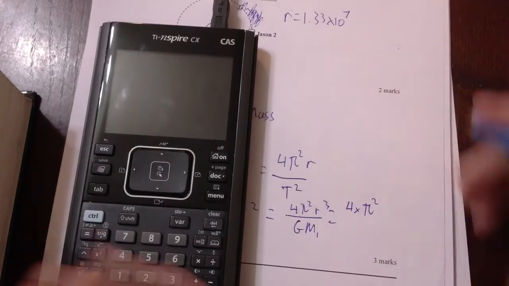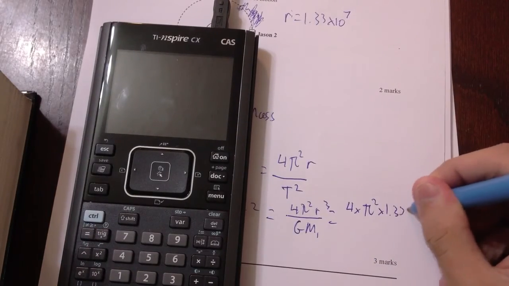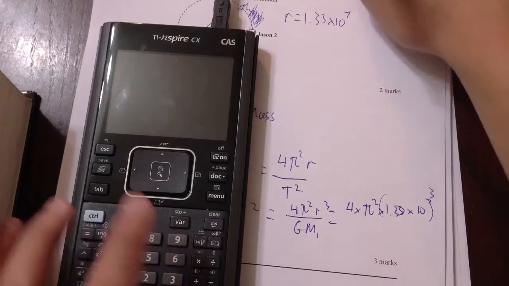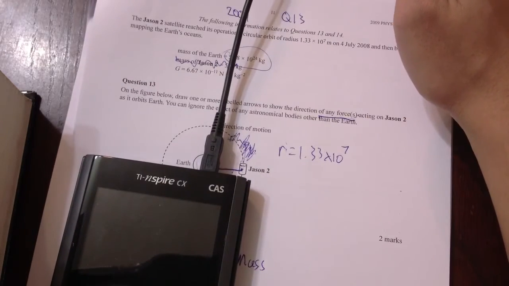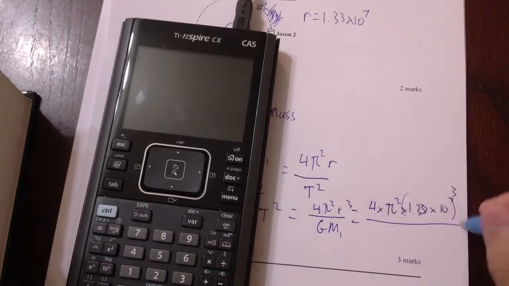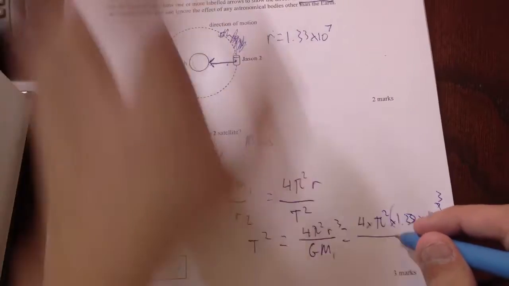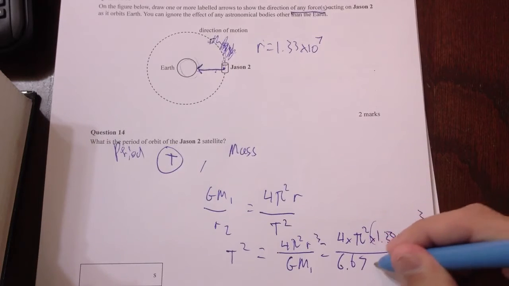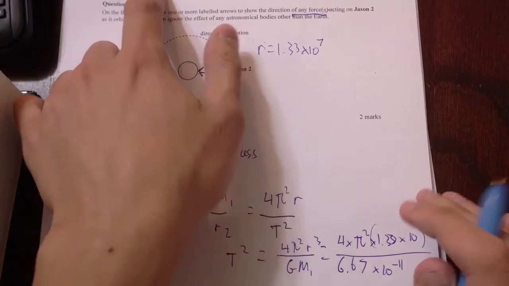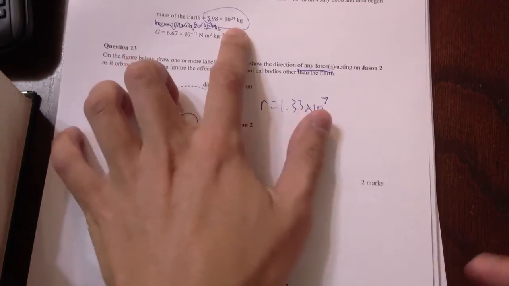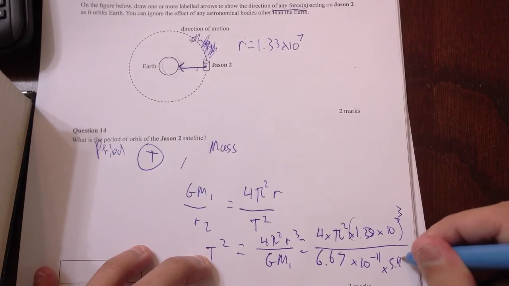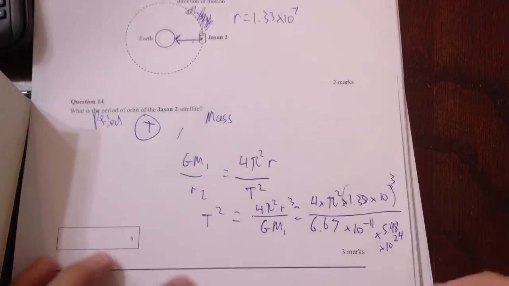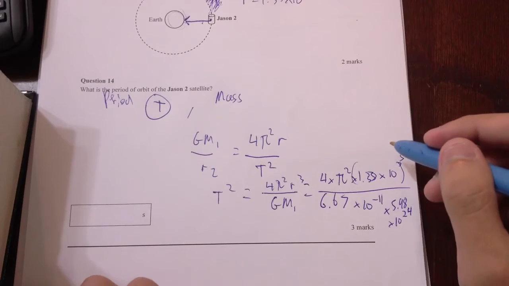So that's 1.33 times 10 to the 7, all cubed, on GM1. That's G, and that's M. So it pays to do a little bit of calculation before you go into everything.